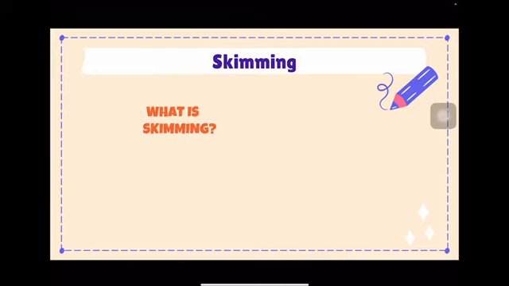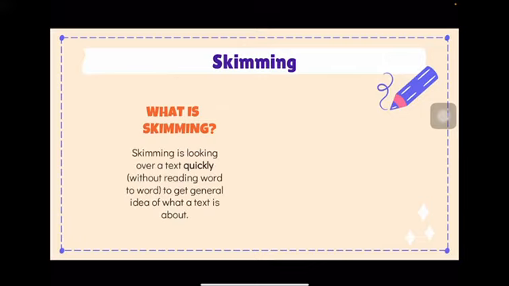Let's look at the skimming skill. What is skimming? Anybody? Yes, skimming is looking over a text quickly without reading word for word to get a general idea of what the text is about. So when you do skimming, you will be focusing on what this text is about.